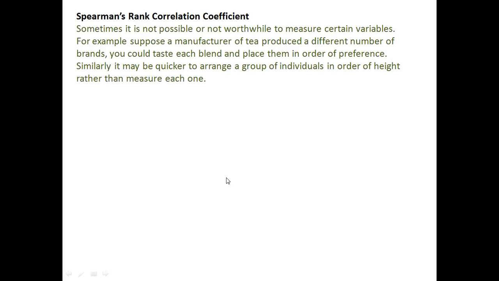Sometimes it is not possible or not worthwhile to measure certain variables. For example, suppose a manufacturer of tea produces a number of different brands. You could taste each blend and place them in order of preference. Similarly, it may be quicker to arrange a group of individuals in order of height, rather than measure each one.